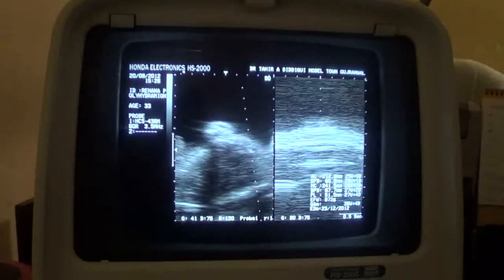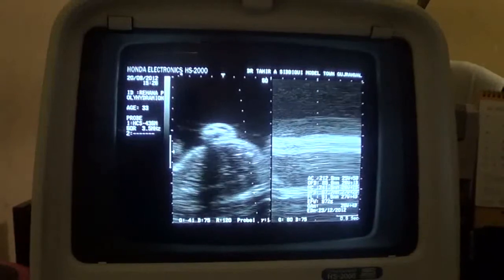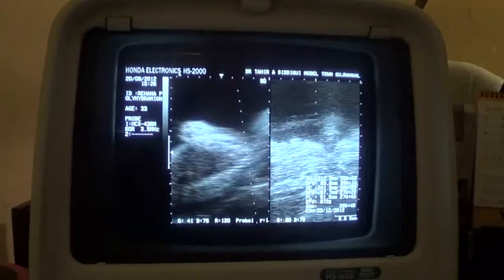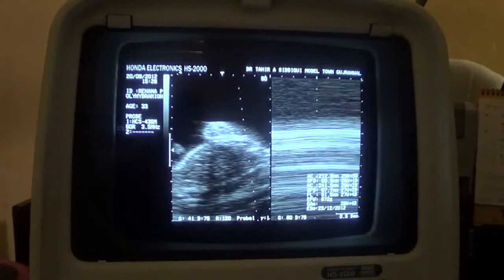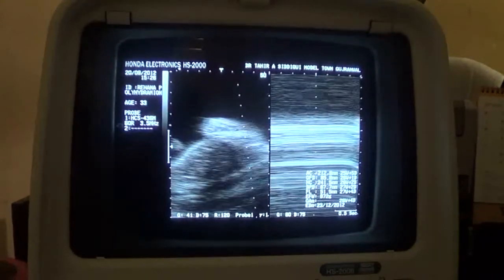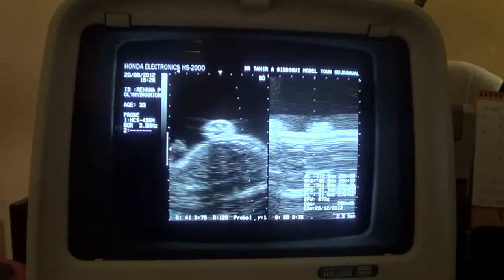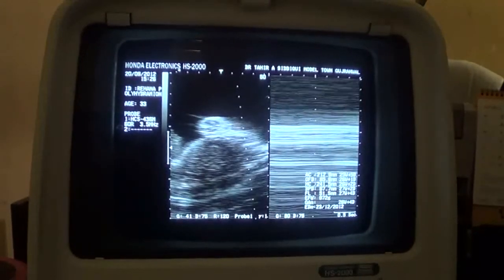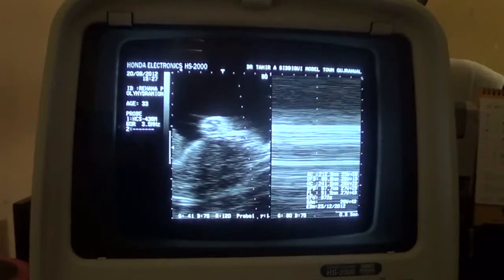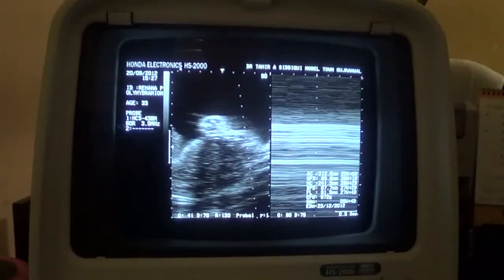I showed you the area of the heart, and so far I am not seeing any cardiac activity. No cardiac activity at all.